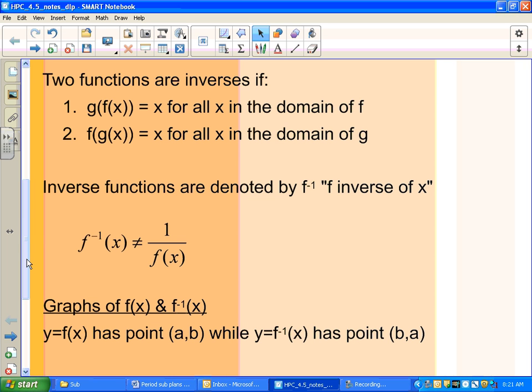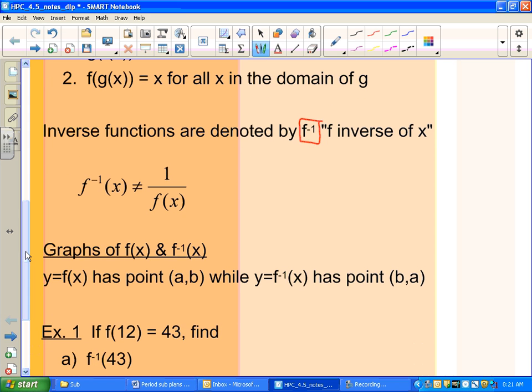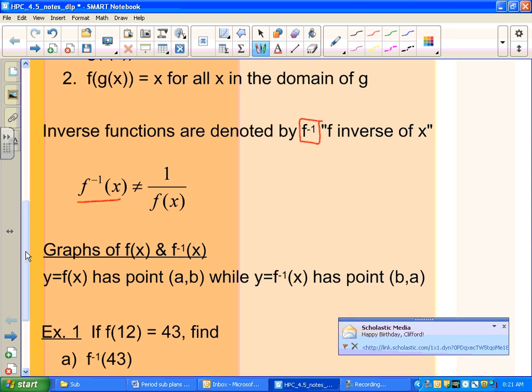The function notation for inverse is denoted by f to the negative first power. And don't get this confused with f to the negative first of x equaling a reciprocal, because they are not reciprocals.